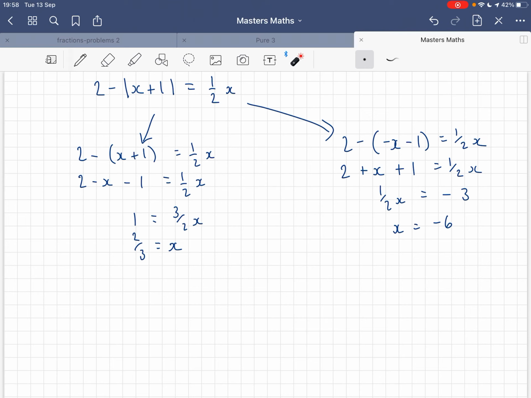This one does intersect twice. These are both valid solutions, so we do get x equals 2/3 and x equals negative 6. But please remember, really important, especially in exams, to double check that your solutions for a modulus equation actually work.